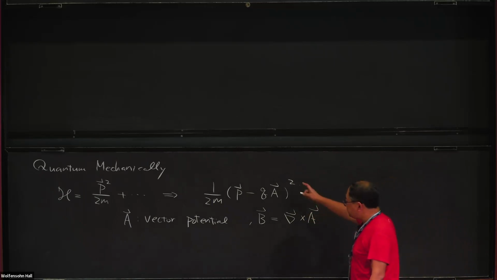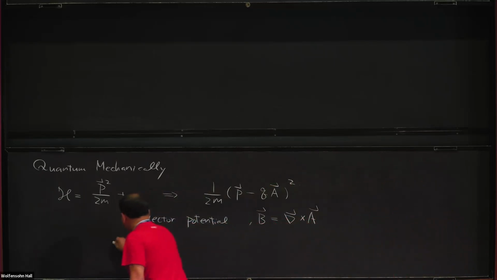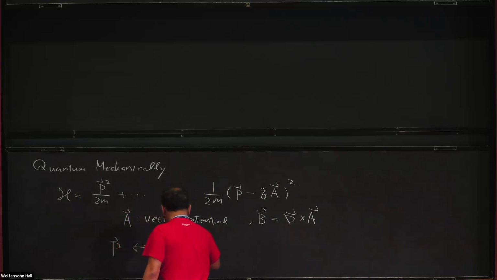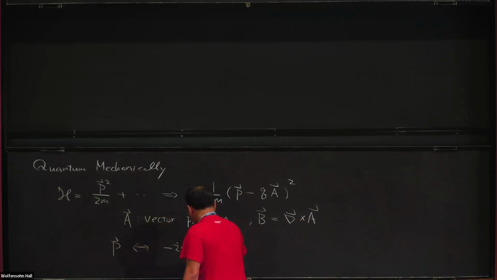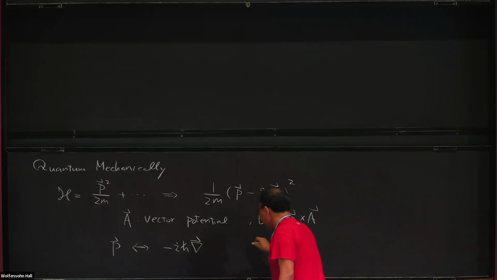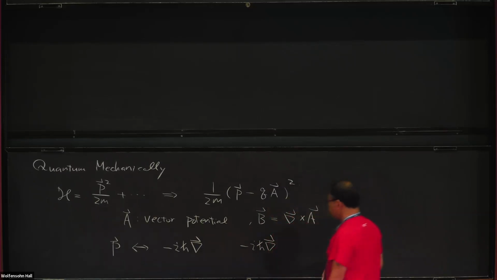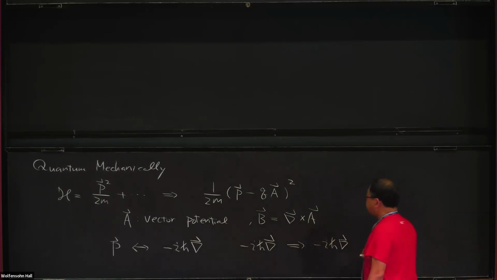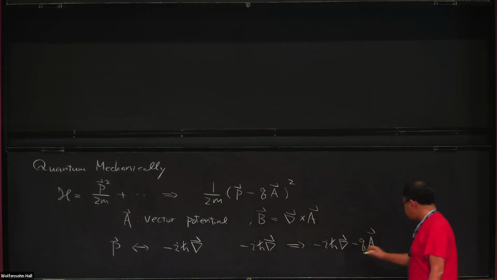And in quantum mechanics, you can identify the momentum as minus i h bar derivative. So introducing this vector potential means that you had this momentum, and you replace it with minus i h bar nabla minus qA.